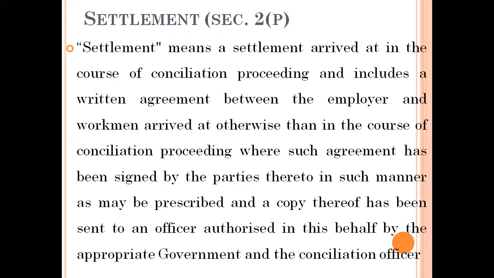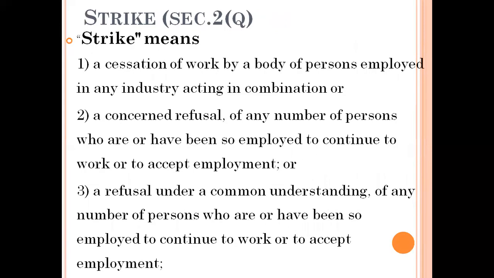The agreement has been signed by the parties involved in this settlement, and a copy thereof shall be provided to the officer authorized by the appropriate government and to the conciliation officers. So settlement means an agreement arrived at after the conciliation proceedings and signed by the parties, and a copy should be forwarded to the officer appointed by the government and the conciliation officers.